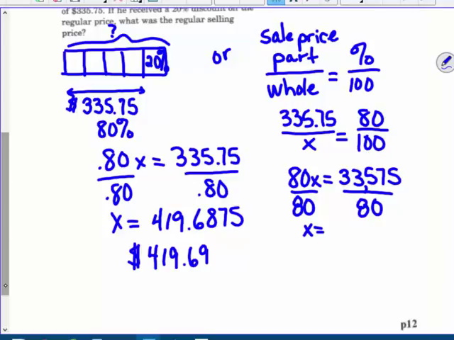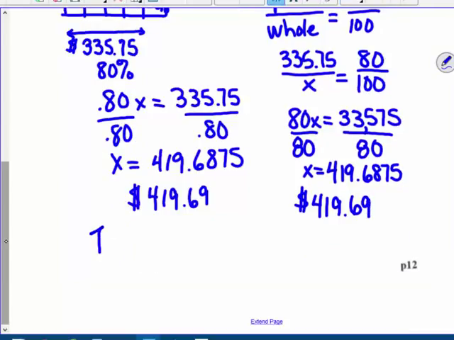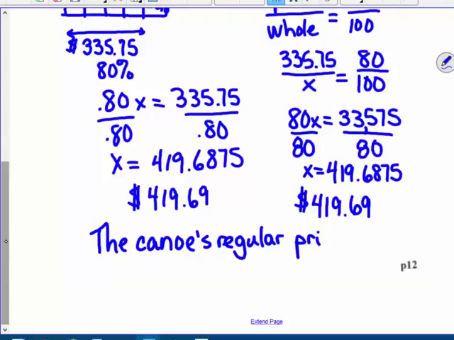I get x equals, yes, that same number, 419.6875. Well, that's not money. We know money rounds to the hundredths place, which would be 69 cents. Because we know you pay, the canoe's regular price was $419.69.